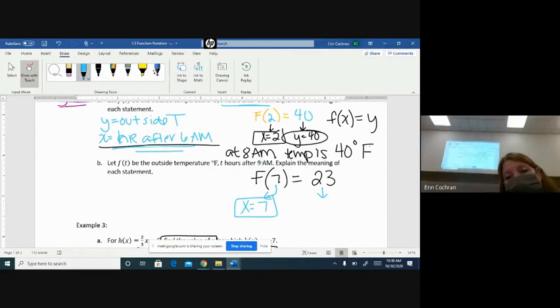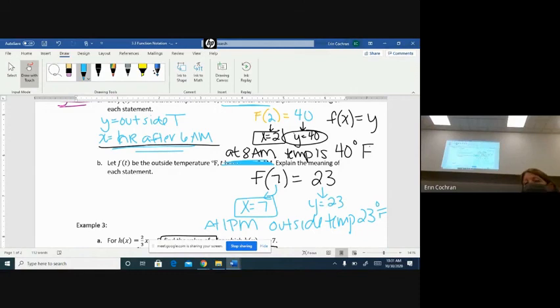Sorry, we're still looking at that first one. So 7 hours after 6 a.m. would be 1. So at 1, is that a.m. or p.m.? p.m. So at 1 p.m., what's 23 mean? That's my y, right? So my outside temp is 23 degrees Fahrenheit. Okay.